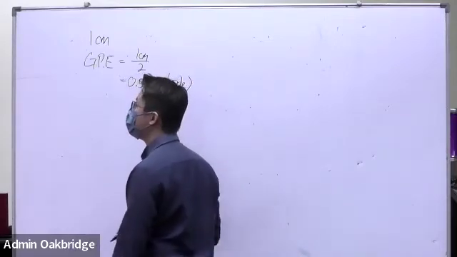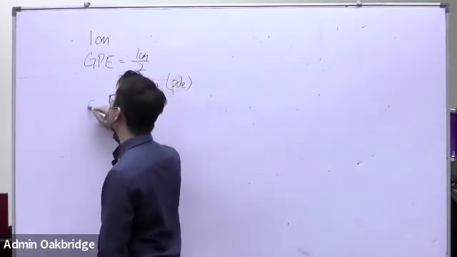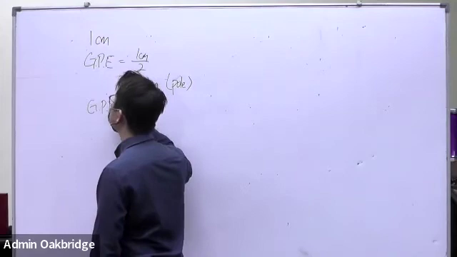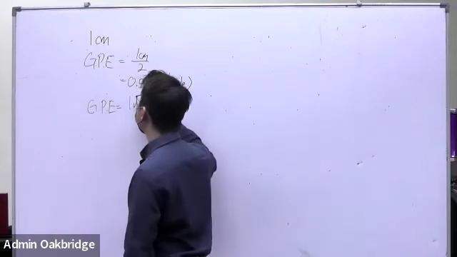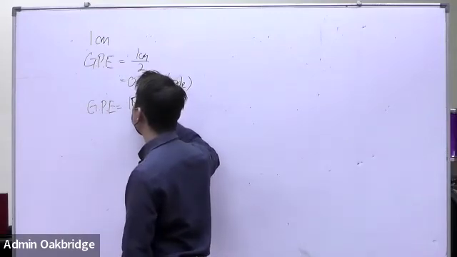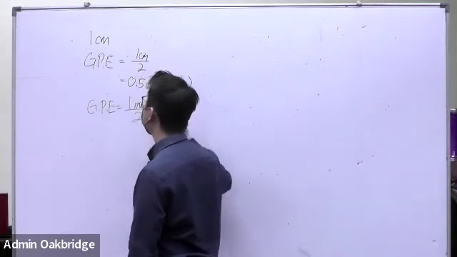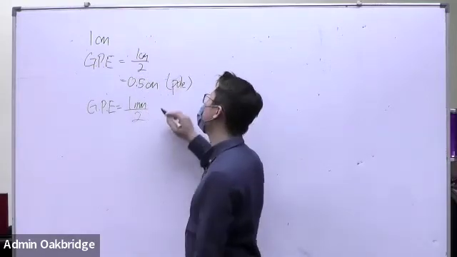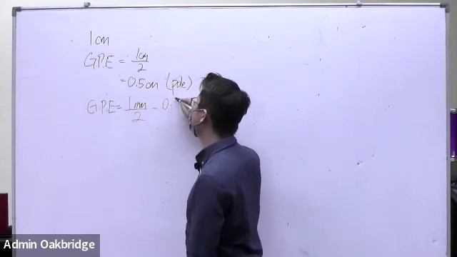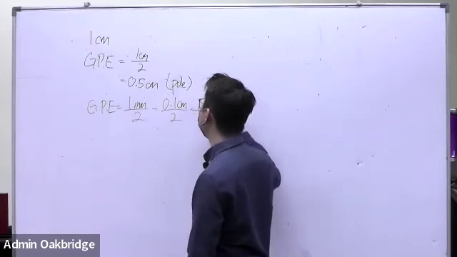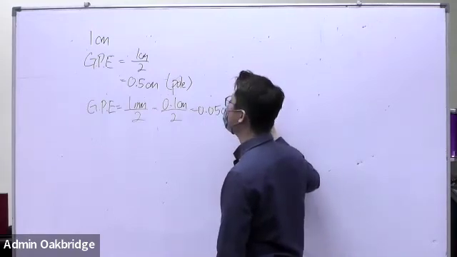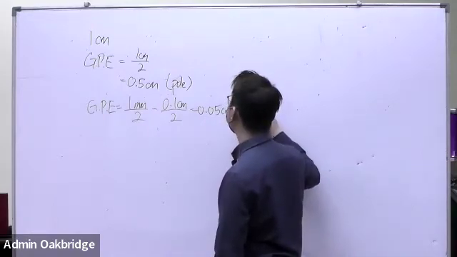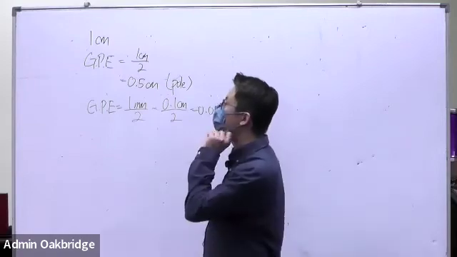Another one is for the root. GPE for the root. Nearest millimeter. Two different units here, be careful. 1 millimeter means 0.1 cm. Divided by 2, you have 0.05 cm. This is for the root length.